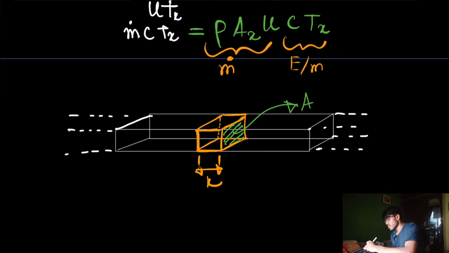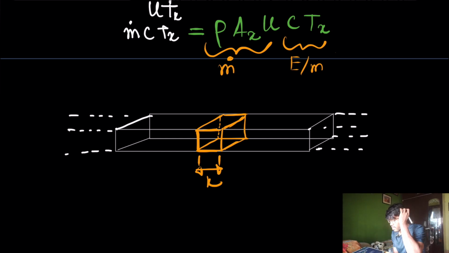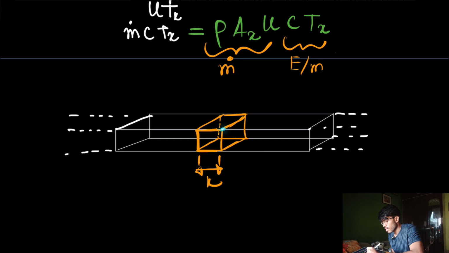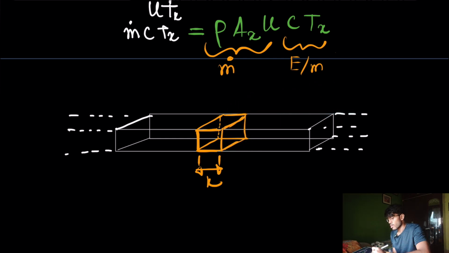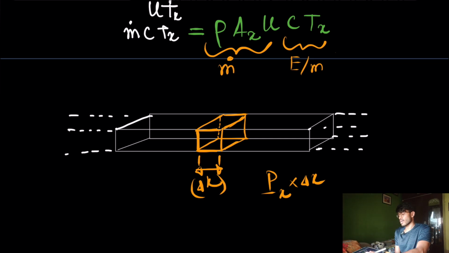Well, I don't need the cross-sectional area actually. What I need is this perimeter. So if this is my Px, then what will be this total area? This much area I can find as Px into delta x, where this is delta x, right?